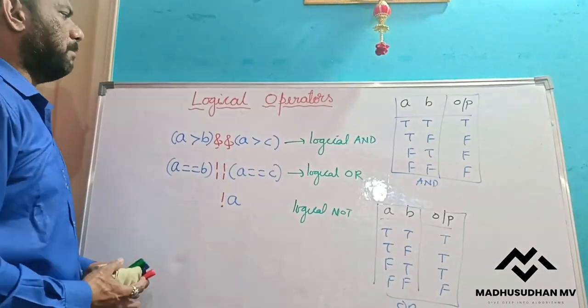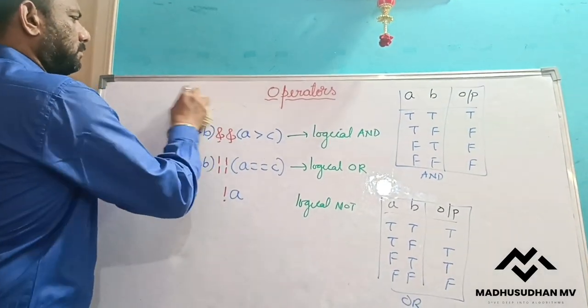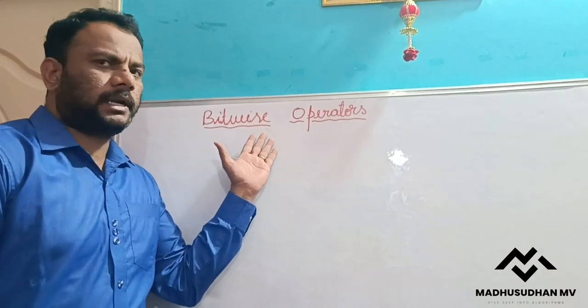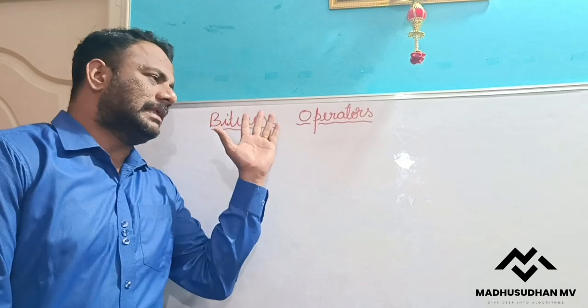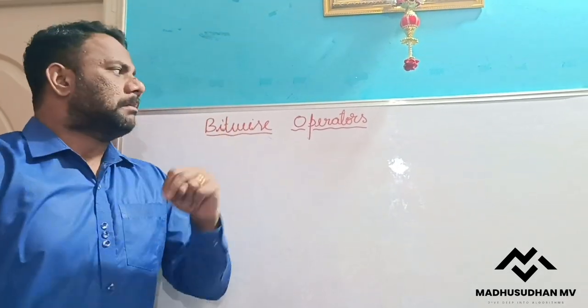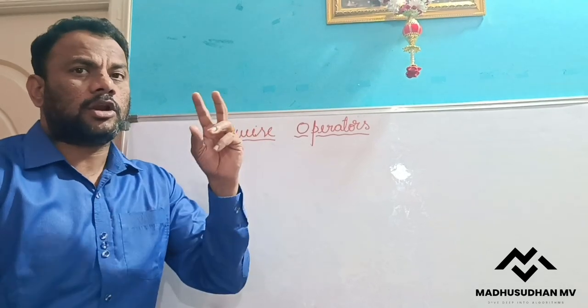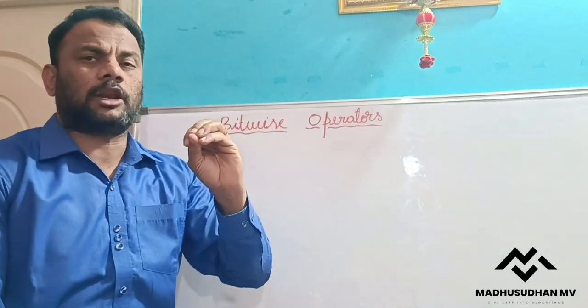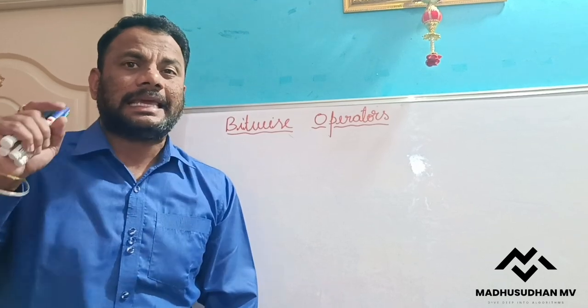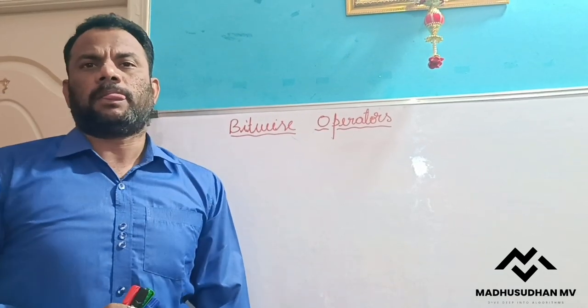Okay. Now let us see bitwise operators. Bitwise operators are also binary operators, operating on 2 operands. But bitwise operators do not operate on the whole value like logical operators. A bitwise operator operates on the individual bits of the number.